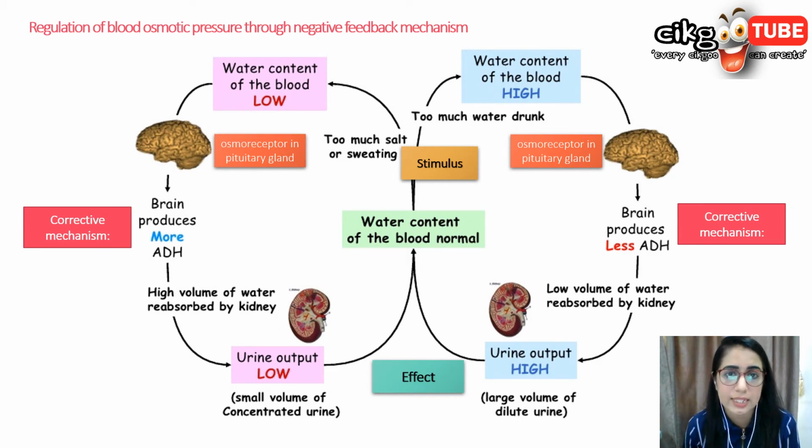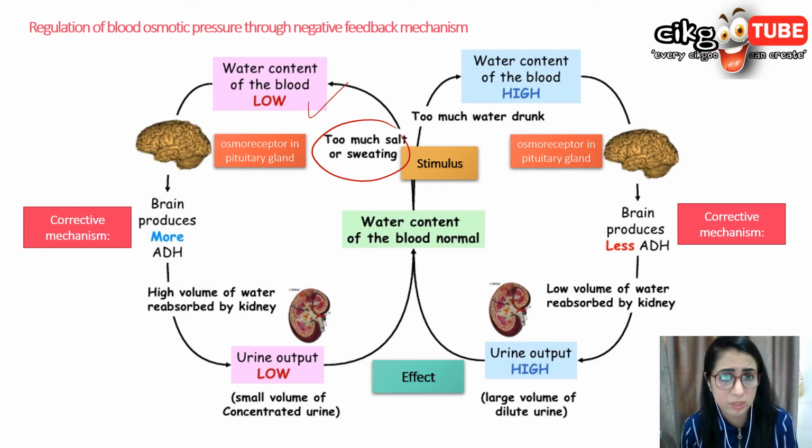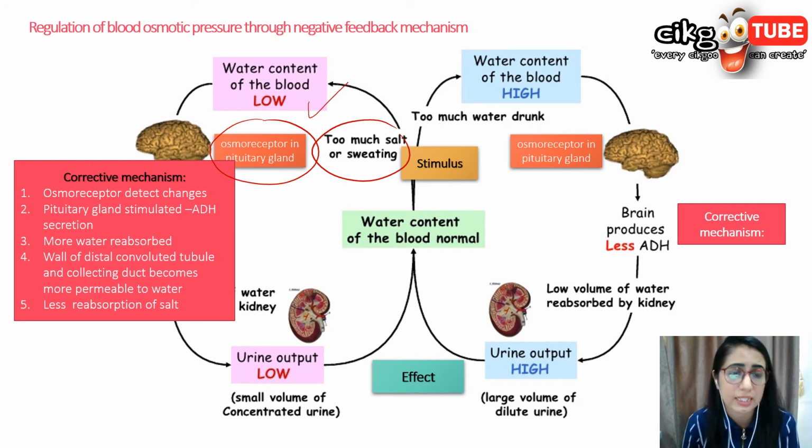Okay, now let's say you have too much salt, or you have sweating. That means the water content in the blood becomes low. So this will be detected by the osmoreceptors in the pituitary gland. So the corrective mechanism is that osmoreceptors detect changes, the pituitary gland is stimulated, and ADH secretion will be more. So when there is more ADH, more water will be reabsorbed.